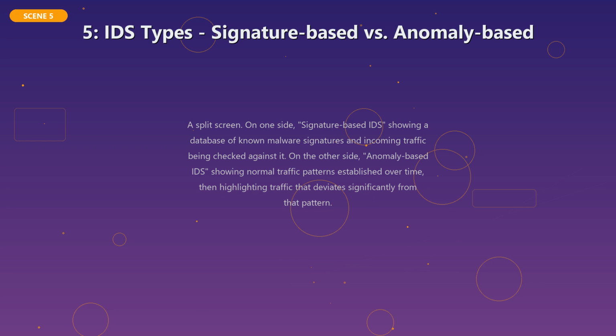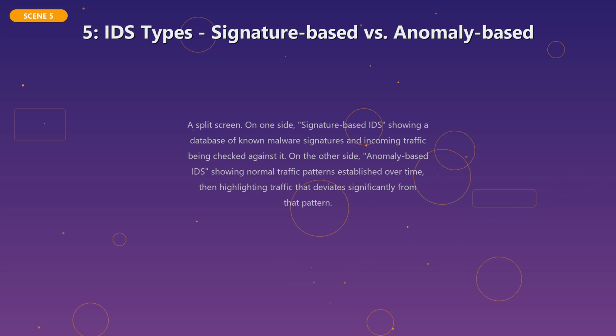These signatures are specific byte sequences, traffic patterns, or malicious code snippets associated with known viruses, worms, malware, or attack techniques. When network traffic or system activity matches one of these predefined signatures, the IDS flags it as an intrusion.